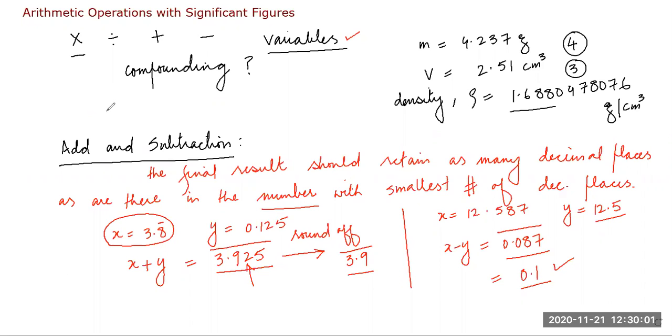So, as in this case, you see, this has 4 significant digits and this has 3 significant digits. The final result cannot have more than 4 significant digits, but it's there. So this is wrong. So we will learn how to correct it when we do multiplication and division. Just wait.